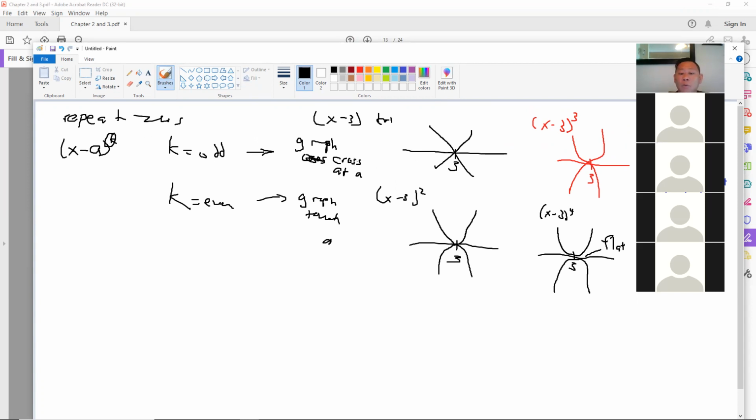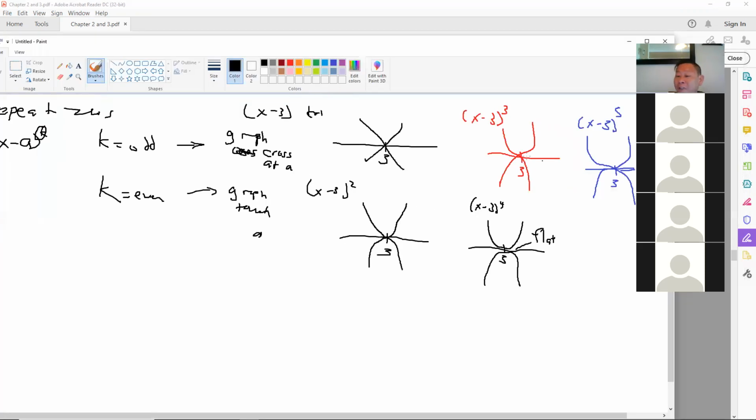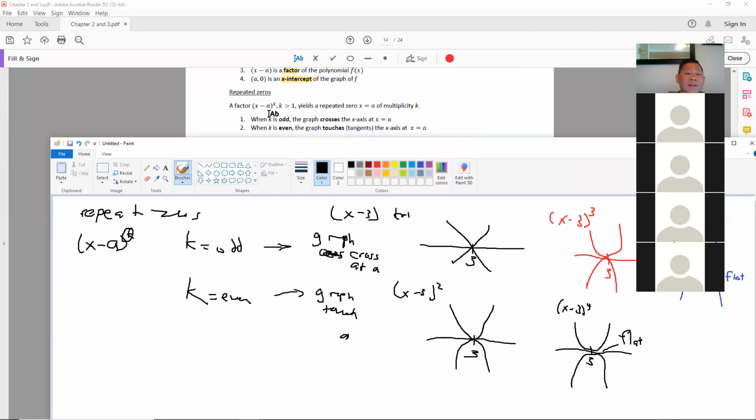Odd means you always cross. Even means it touches. The higher the power is, the flatter it goes on your x-intercept. Okay. Anyone have any questions for me with this repeated zeros? This is what we talk about: cross and touch, odd and even. Anyone?